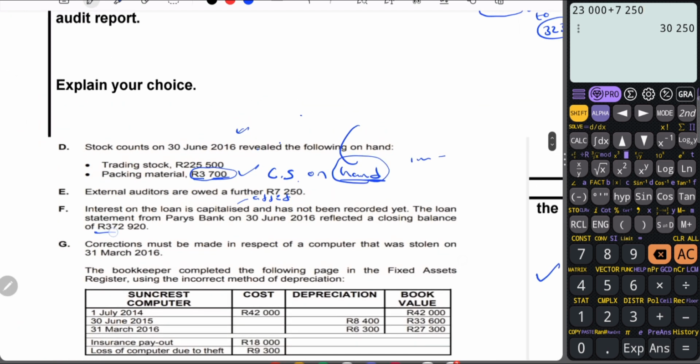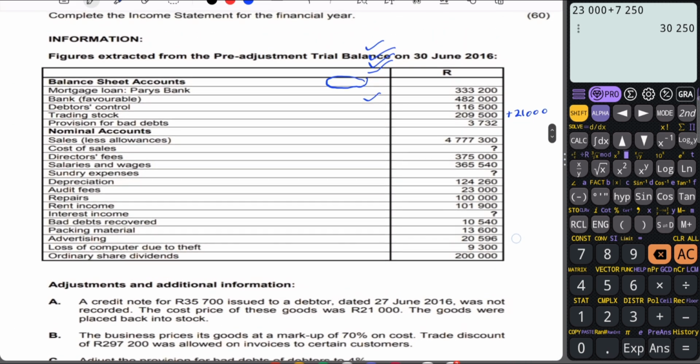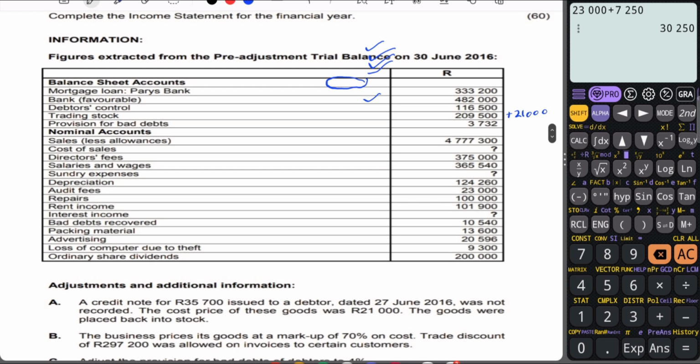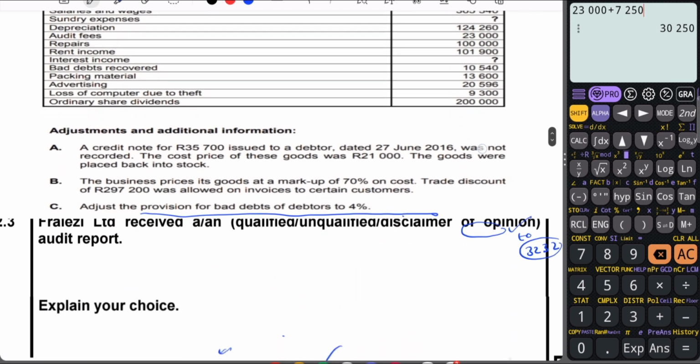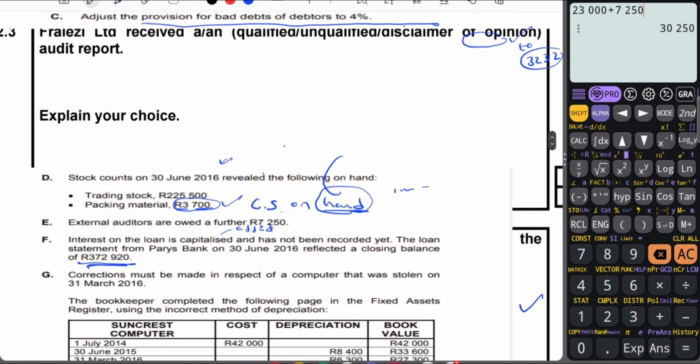So this one, you go and check the one that you are given on the trial balance. How much are we given on the trial balance? We are given 333,200 now. But when we check now on our information, it's going to be 372,920.